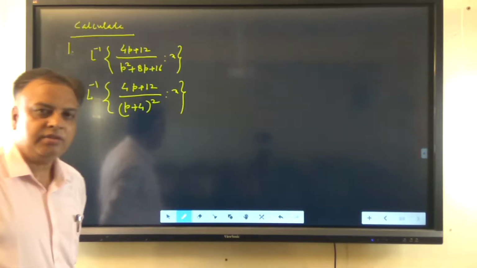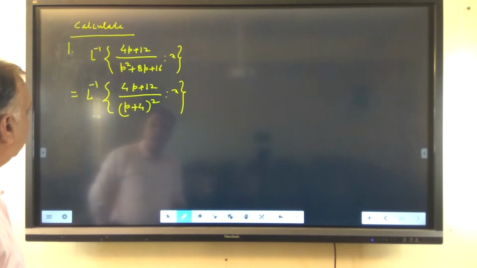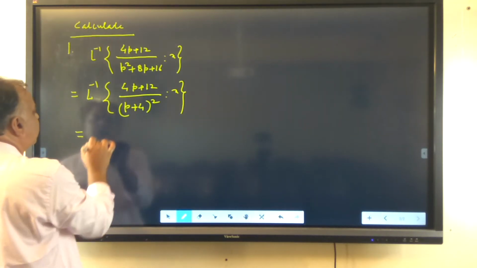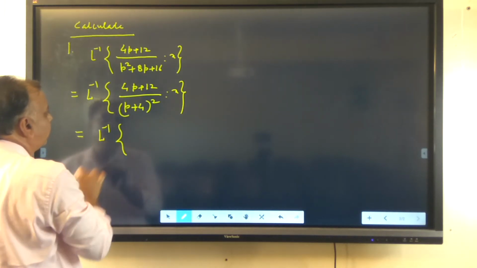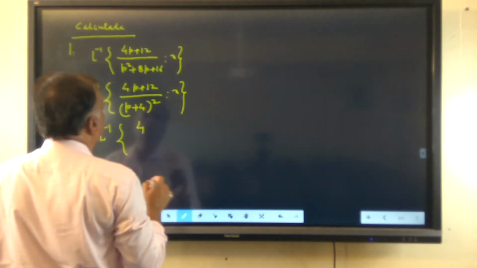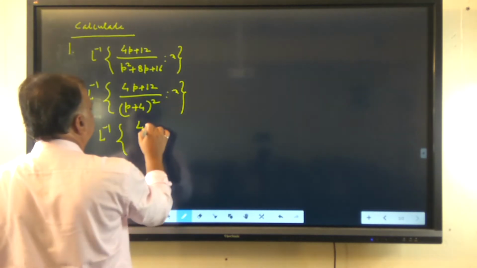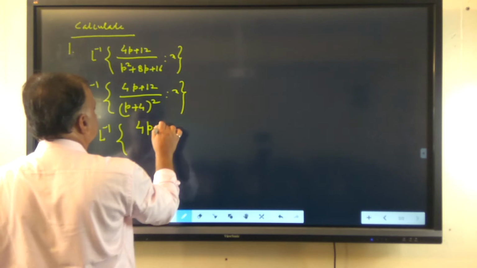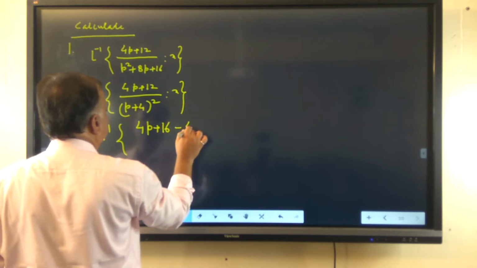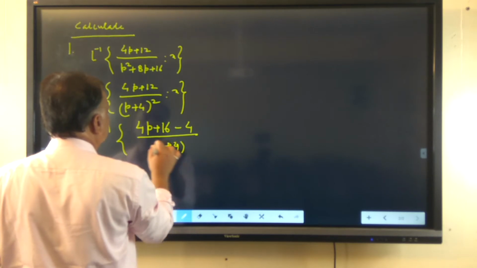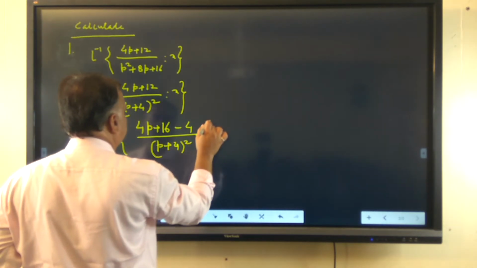We can write this one as (4p + 12)/(p + 4)², or as the inverse Laplace transformation of, with 4p + 12 written as 4p + 16 − 4, over (p + 4)², with respect to x.